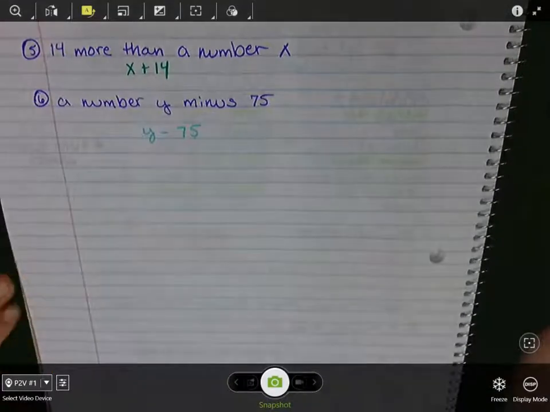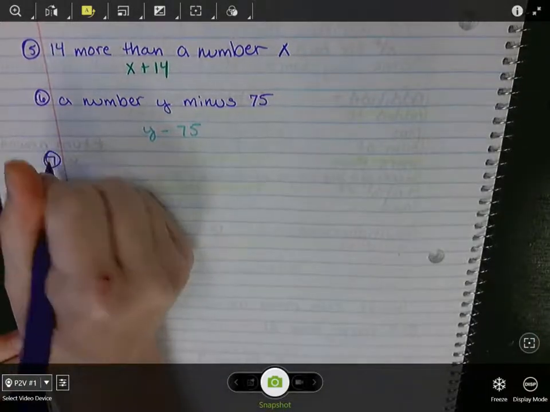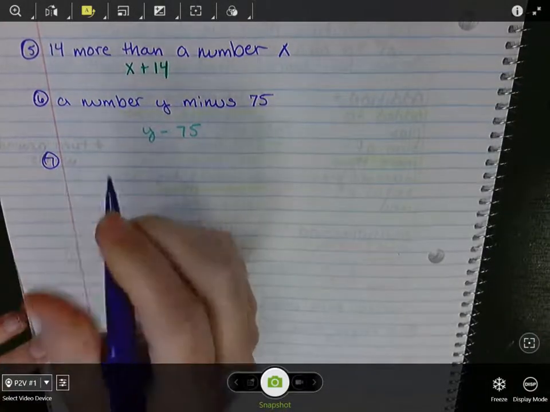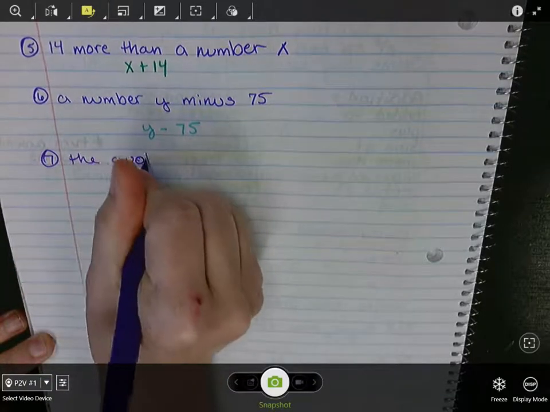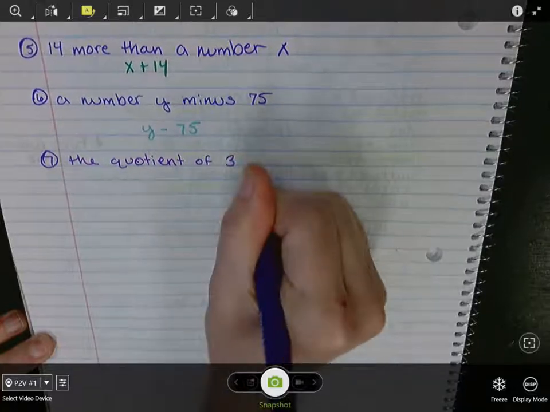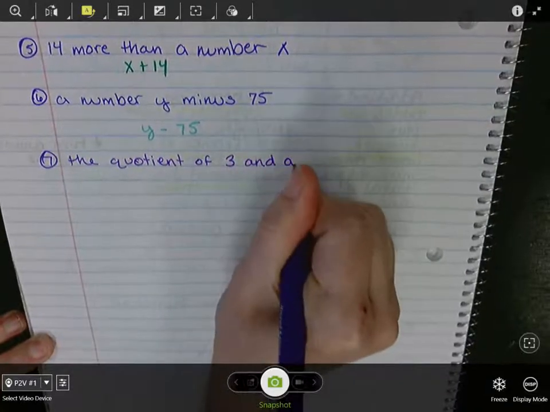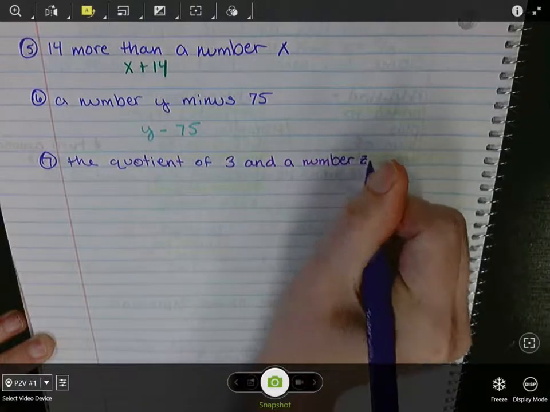You film it? No. All right, number 7. The quotient of 3 and a number z. Okay.